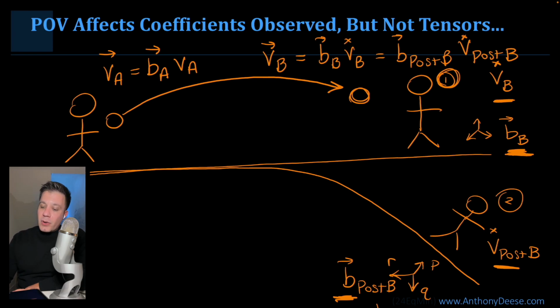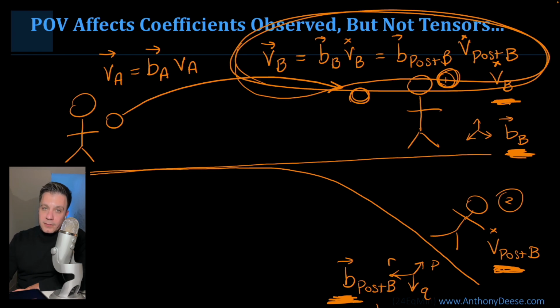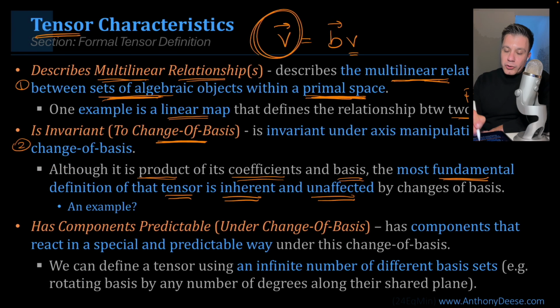All right. So although our components can change, right? We can rotate our axes, and those rotations will cause them to observe different values. In the end, the tensor with the arrow hat, okay, that is a fundamental value that cannot change. And that is what we're trying to say here with that second bullet.